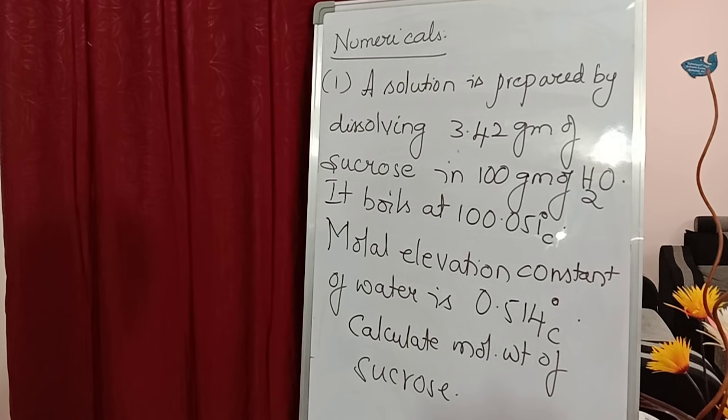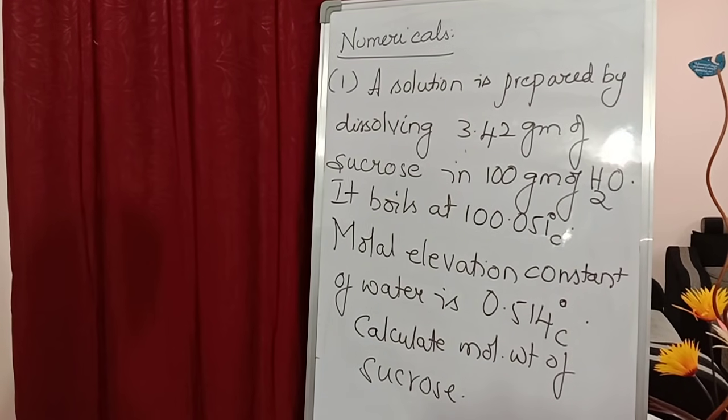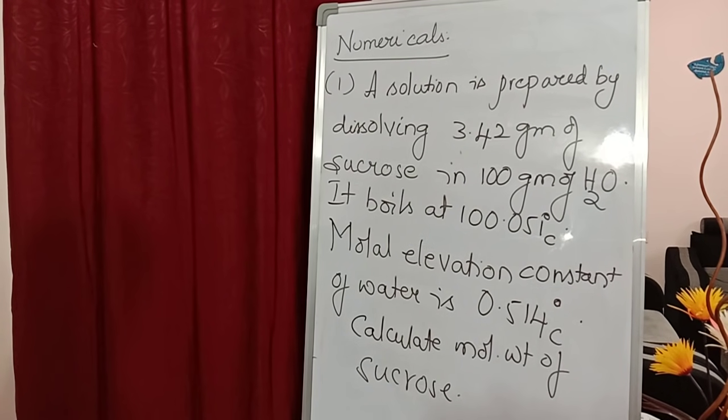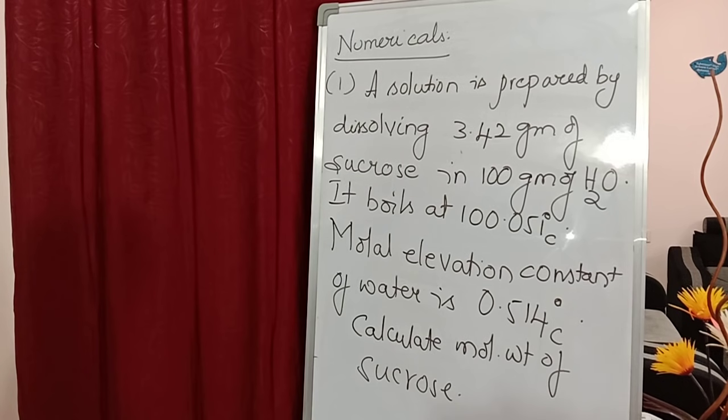Underline 3.42 grams of sucrose and 100 grams of water. It boils at means what? The solution which is prepared above. So the boiling point of the solution is 100.051 degrees centigrade. Next, the molar elevation constant of water, denoted by Kb, is 0.514 degrees centigrade. So what is to be calculated? The molecular weight of the solute.